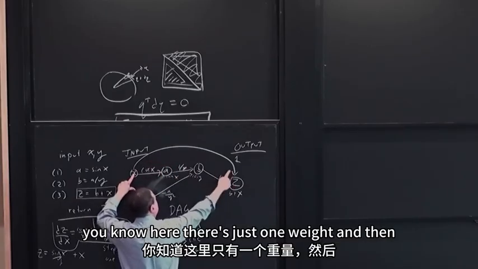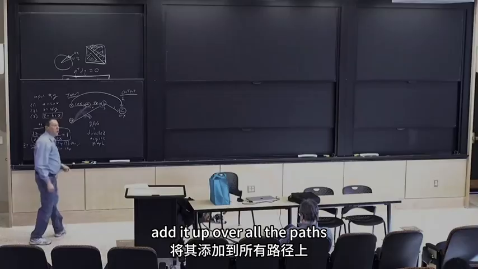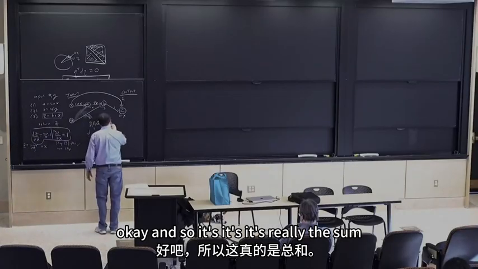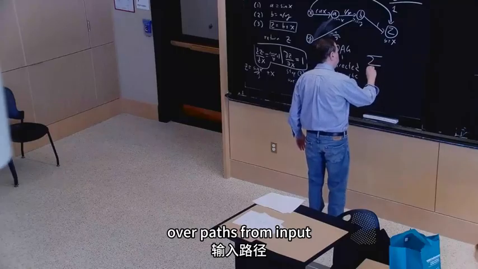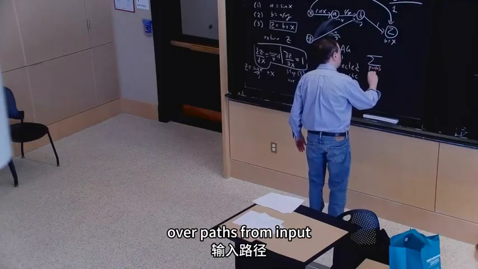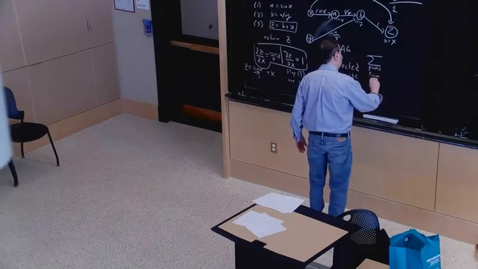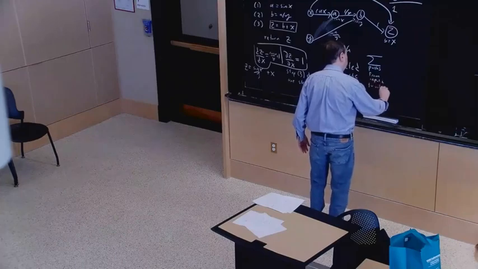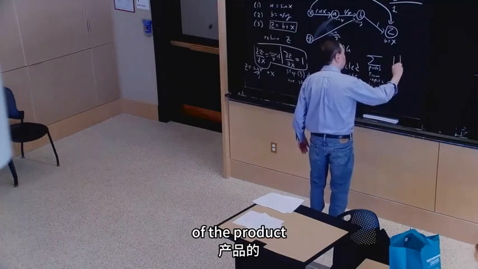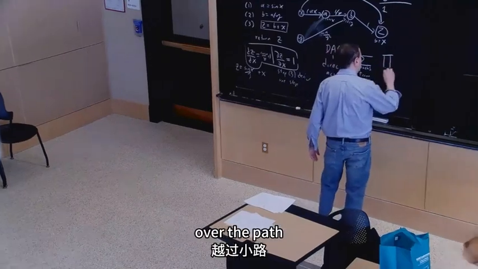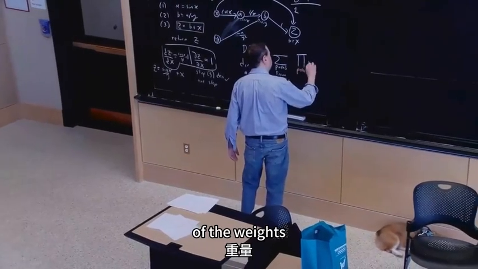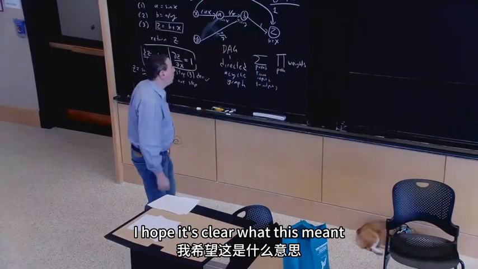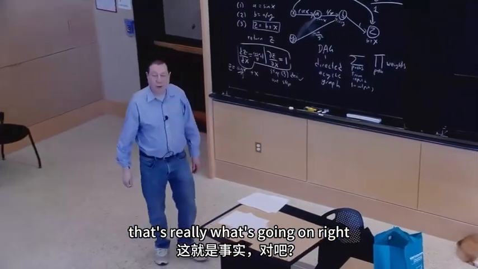Here there's just one weight, and then add it up over all the paths. It's really the sum over paths from input i to output j of the product over the path of the weights. I hope it's clear what is meant.